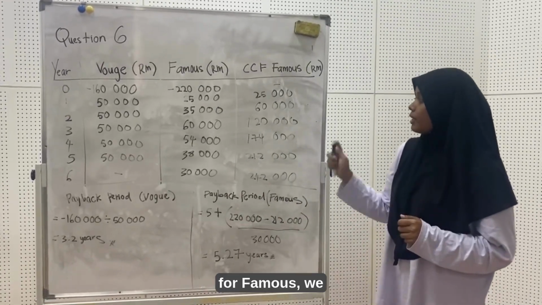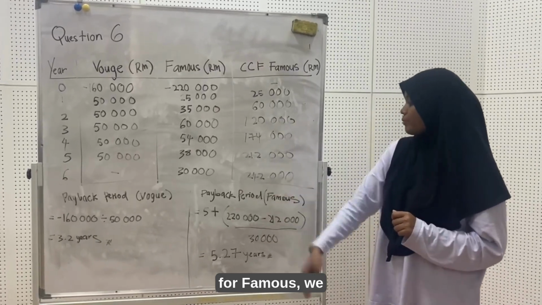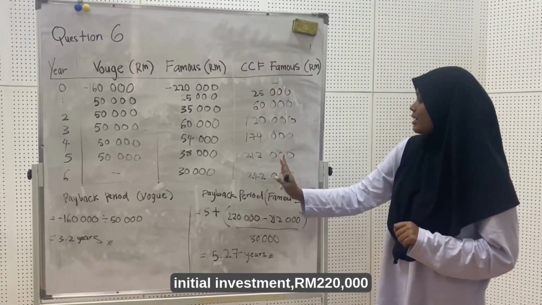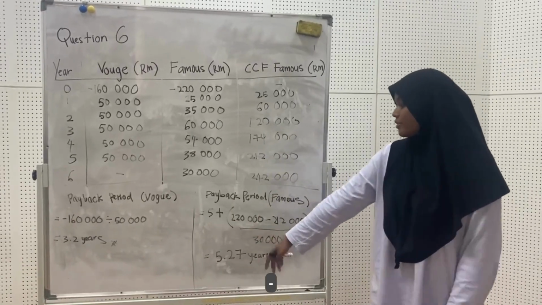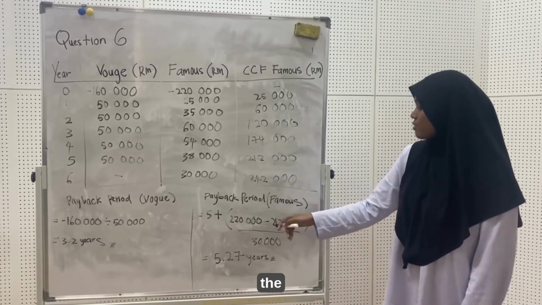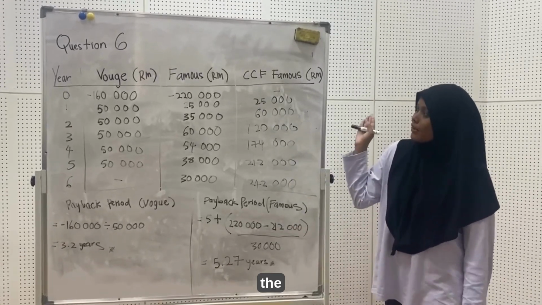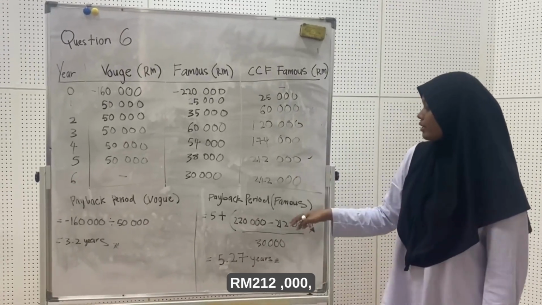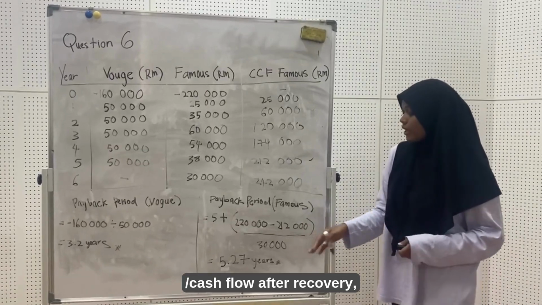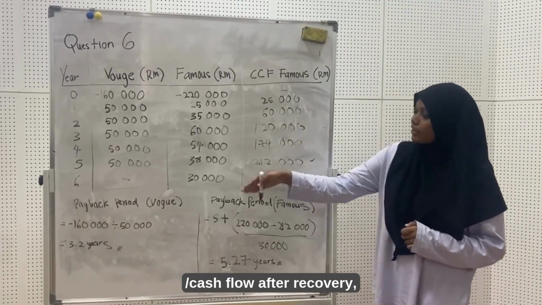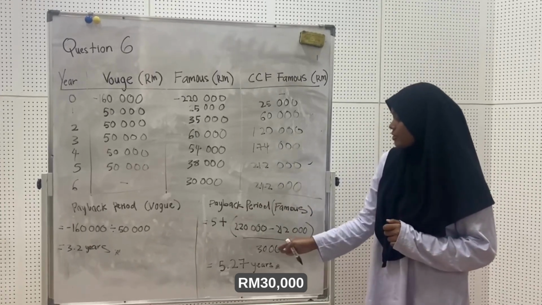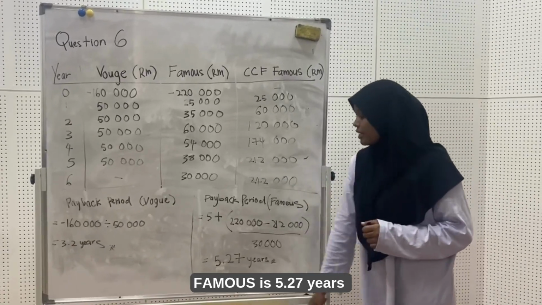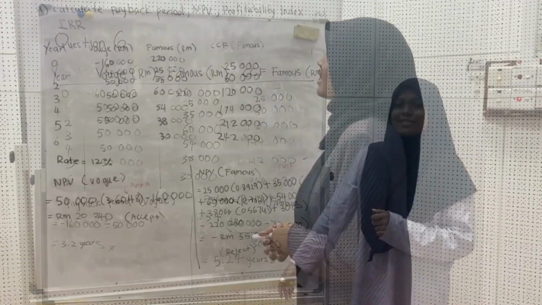So for the famous, we get 5 plus the initial investment 220,000 minus the cumulative cash flow before the recovery, which is 212,000, divided by the cash flow after the recovery, 300,000, and we will get the payback period for the famous is 5.27 years.